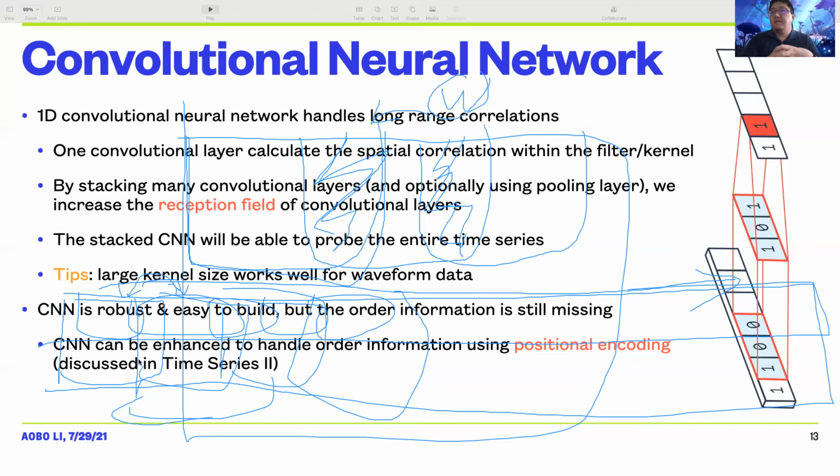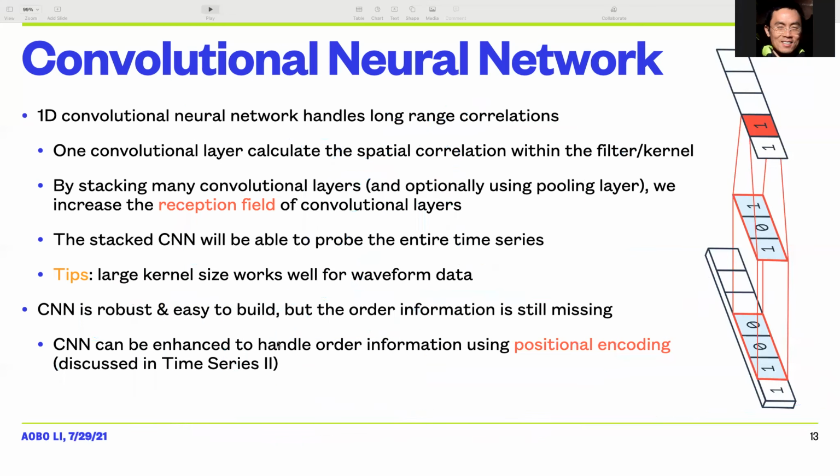So it uses the information to update the weight, but the neural network does not know that's the first place. Yes, that's the idea. Okay, let me think about it. It's a very subtle point. If you also attend time series 2 when we discuss positional encoding, this will hopefully be more clear. Okay, thank you.